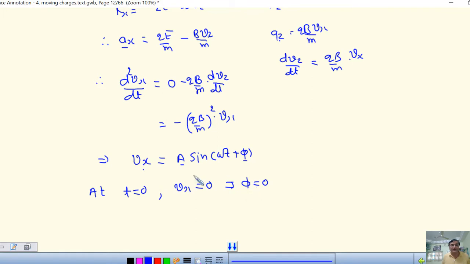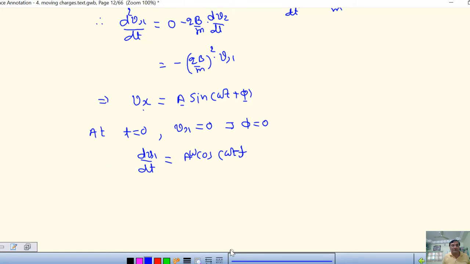We got phi. Now for a, I differentiate this vx: dvx by dt is equal to a cos omega t times omega, since the differentiation of sine is cos, and this is nothing but ax. So ax equal to a omega cos omega t.